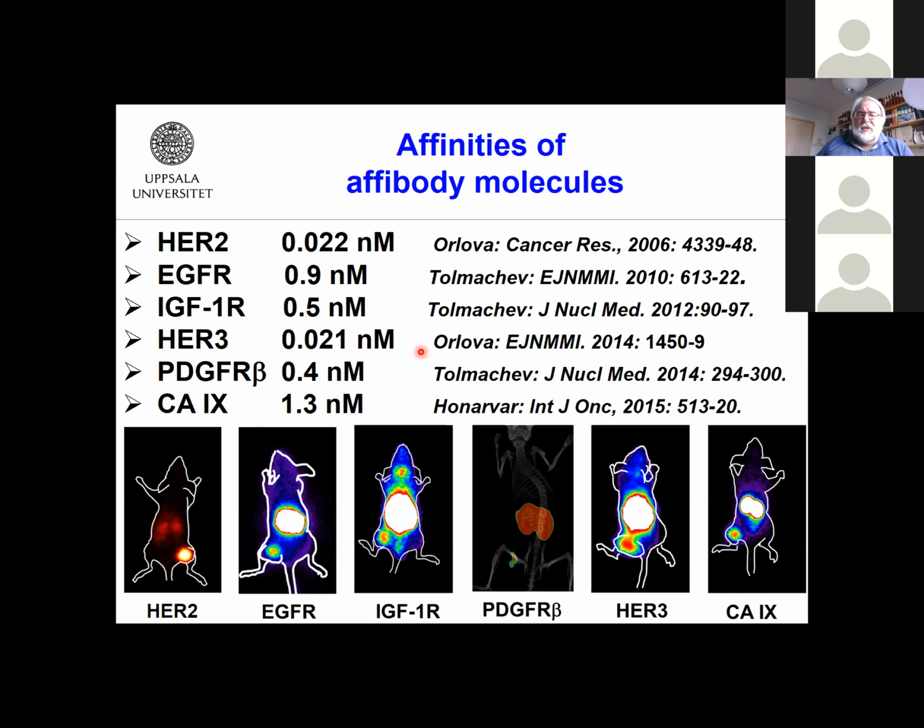And PDGFR is a platelet-derived growth factor receptor, a target in tumor stroma. We learned quite a lot about tumor biology, and if earlier we considered a tumor mainly like a bag with malignant cells, it turns out that it's not completely true. There are plenty of non-malignant cells, normal cells in a tumor.